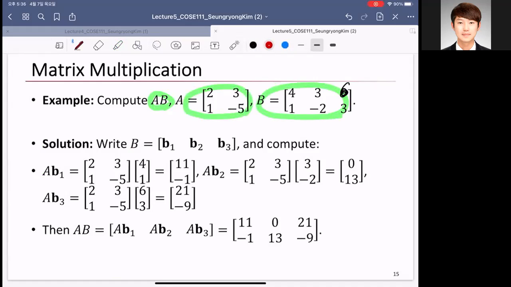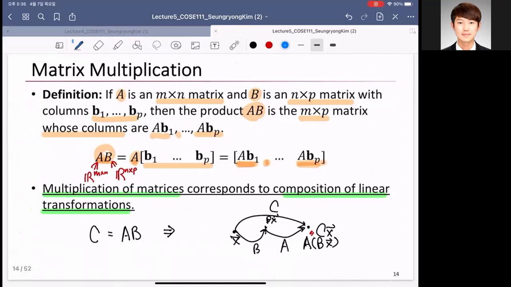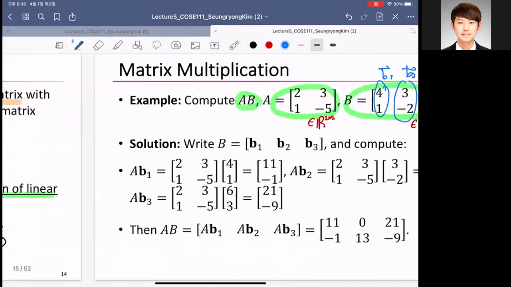So, first of all, matrix A is in 2 by 2 space, matrix B is in 2 by 3 space, right? And we already know matrix B consists of B1, B2, and B3. So let's solve AB by using this definition. 그죠? 여기서 풀어보자라는 거죠.